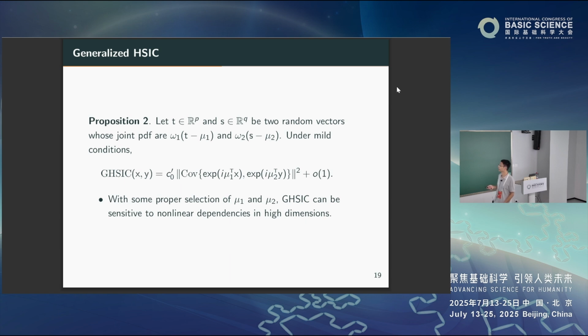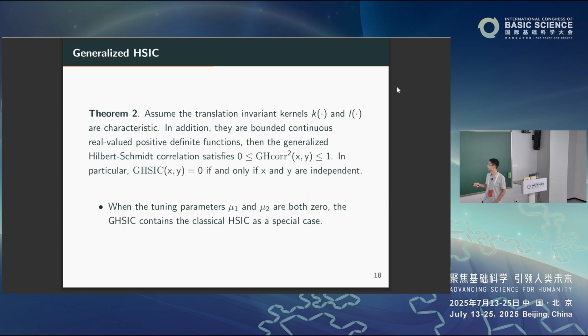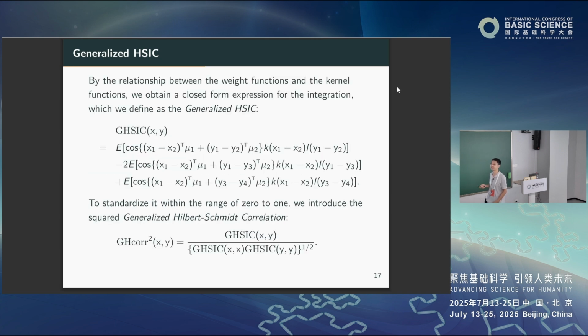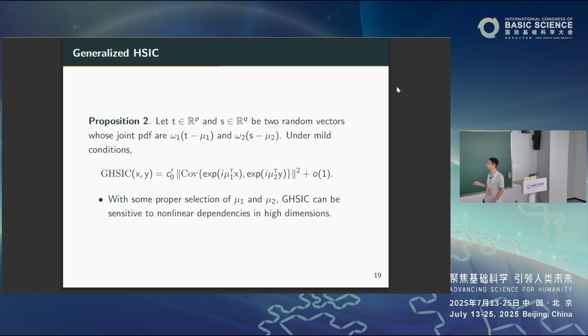We know that every function can be approximated by combinations of cosine and sine. So somehow this is a basis of arbitrary functions, the strongest basis. Maybe we can find some other forms, but this form originates from the formula of the traditional HSIC. So finally, the leading term is in this form.